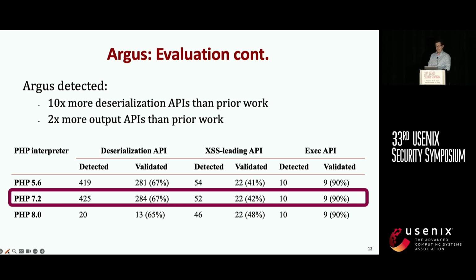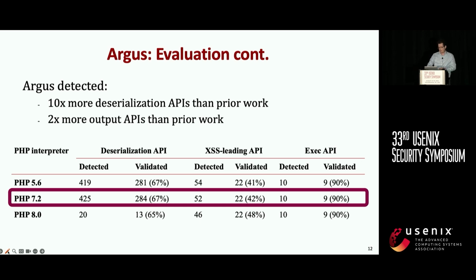So we know there are 284 deserialization sinks in PHP 7.2, meaning that the biggest knowledge base that we had previously was only covering 10% or less of the entire space that was out there. Similarly, we found 2 times more APIs that would lead to cross-site scripting injection vulnerabilities.